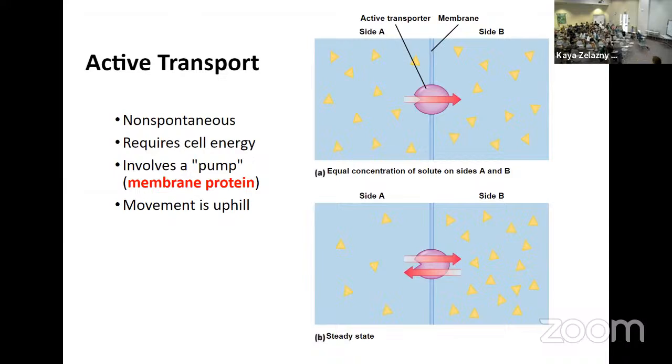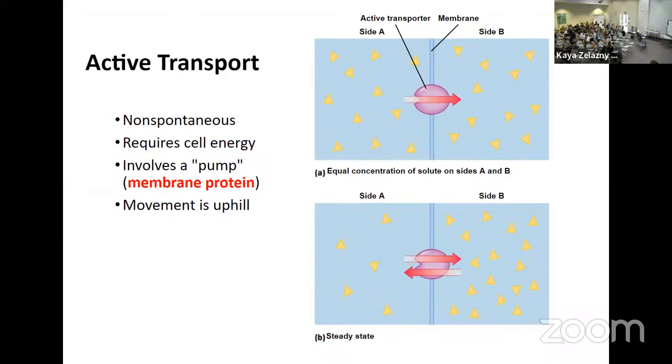If we have an electrochemical driving force going in and we see that ion going out, that's a signal to us that this is active transport. Or if we see glucose going from an area where there wasn't much glucose to an area where there's already a lot of glucose, that's a sign we're looking at active transport.